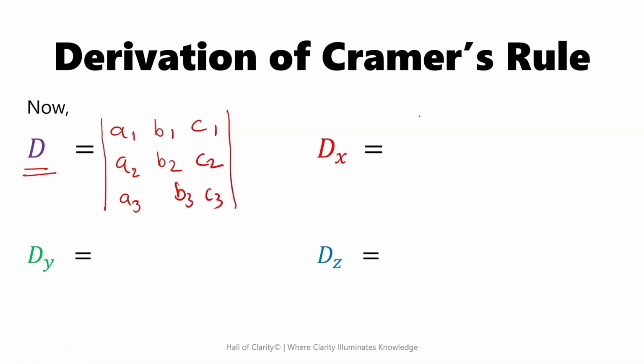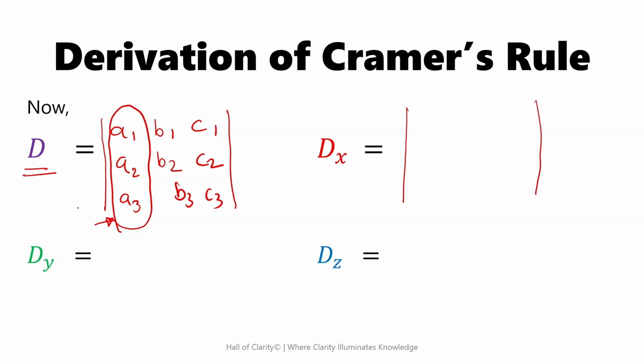Now we have to write determinant dx. We all know that the determinant dx is written by replacing the column of coefficients of x with constants. So the column of coefficients of x in determinant D is this one.